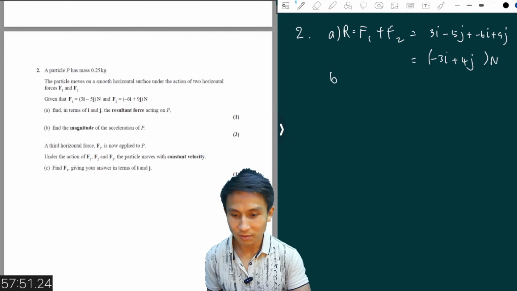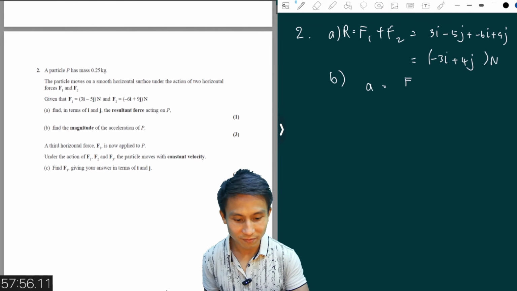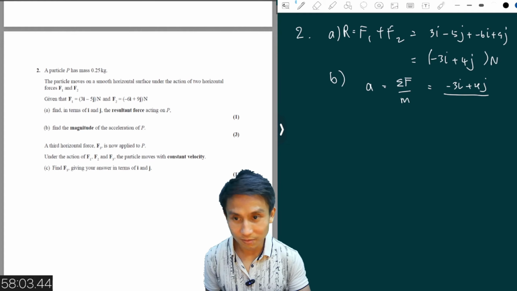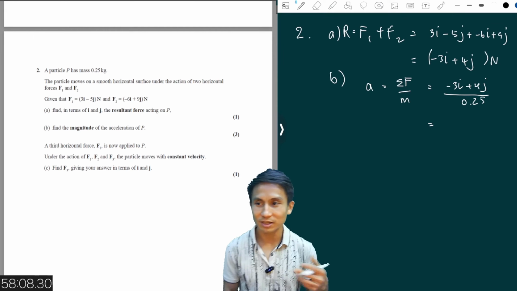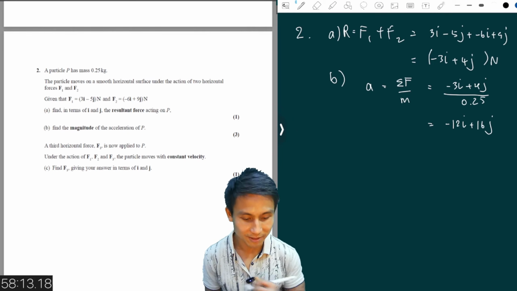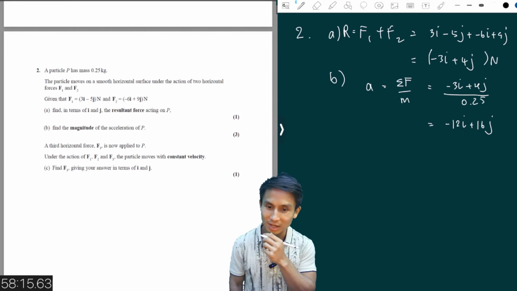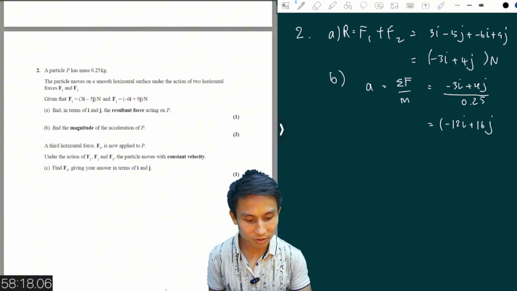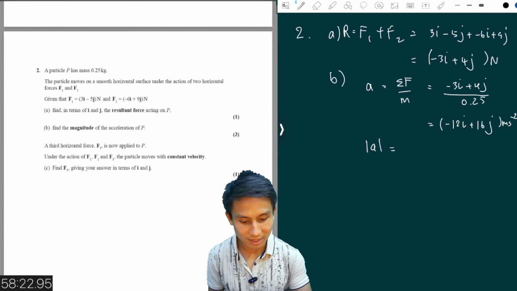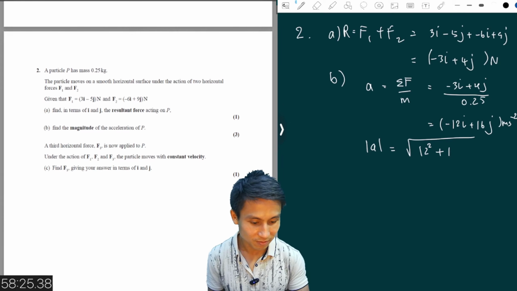And part B, find the magnitude of acceleration of P. So a equals sigma F over m, which is the resultant force divided by 0.25. Dividing by a quarter is like multiplying by 4, so that's minus 12i plus 16j. This is the acceleration vector, but we want the magnitude. So the magnitude of a is the Pythagoras of 12 squared plus 16 squared.